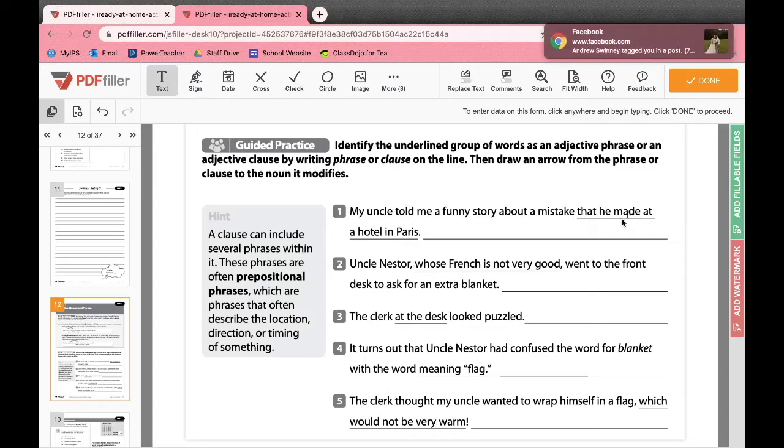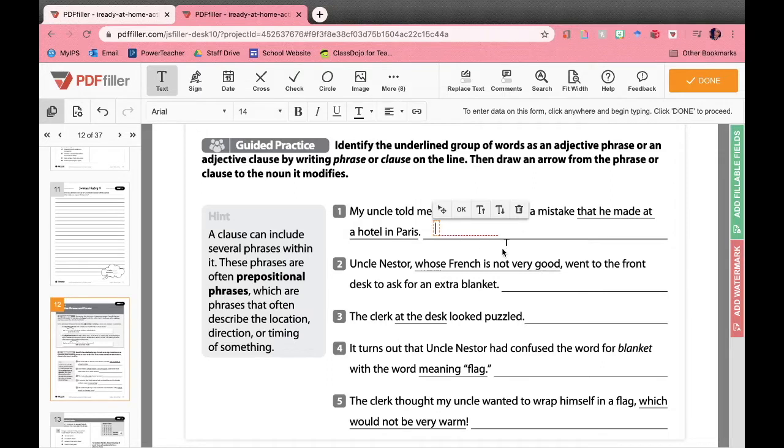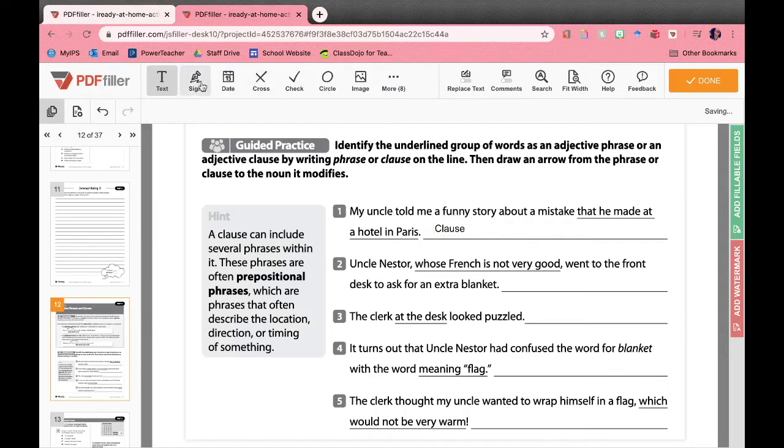So we know that it cannot be a phrase, which means that it has to be a clause because we have both a subject and a predicate. Now we need to draw that arrow from the clause to the noun that it modifies. This is telling us which mistake, that he made, so this is modifying the word mistake.